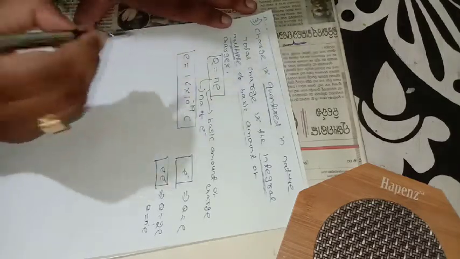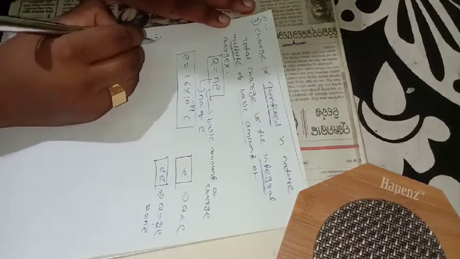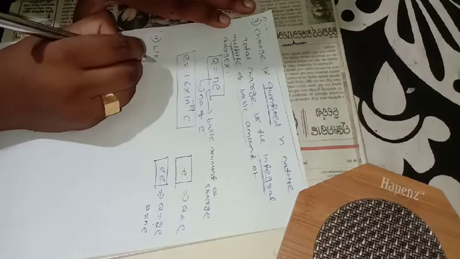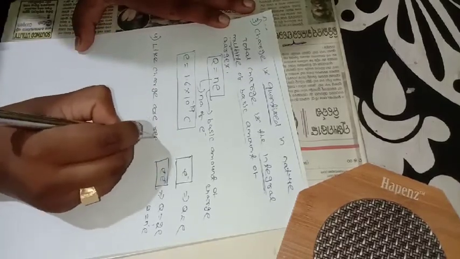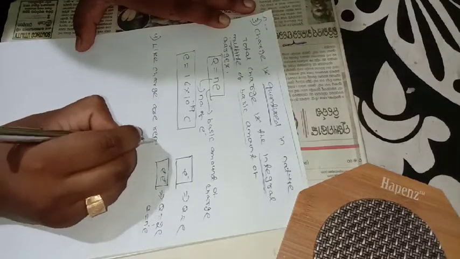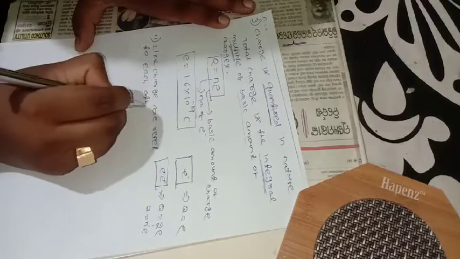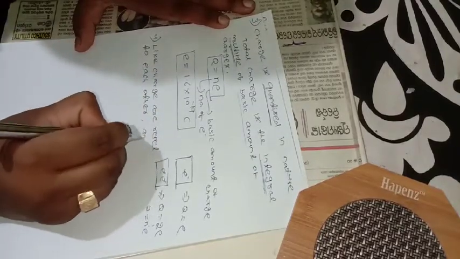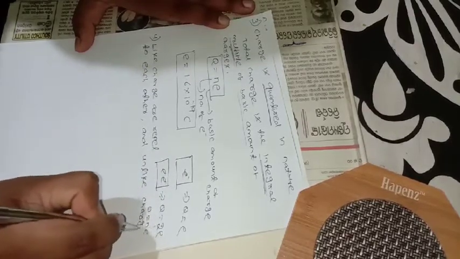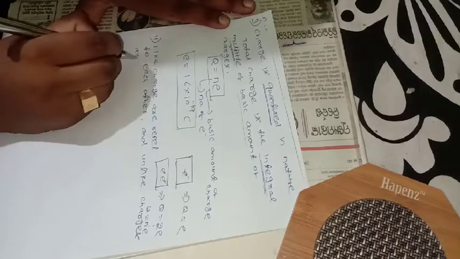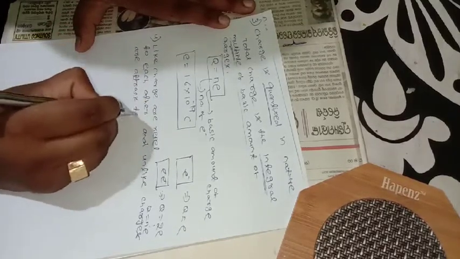Next, the fourth property, a very easy property. Like charges repel each other, and unlike charges attract each other.